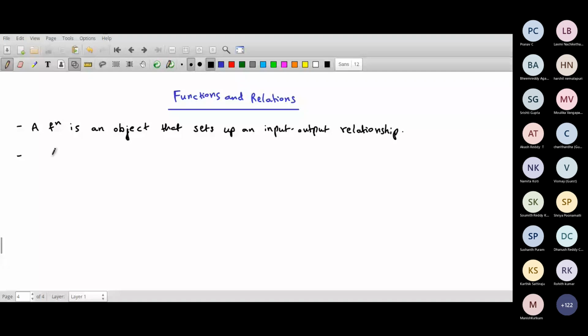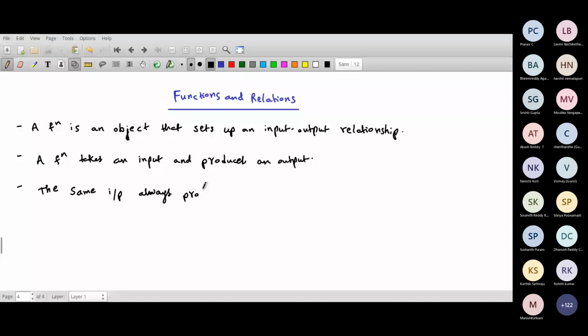A function takes an input and produces an output. The same input always produces the same output.